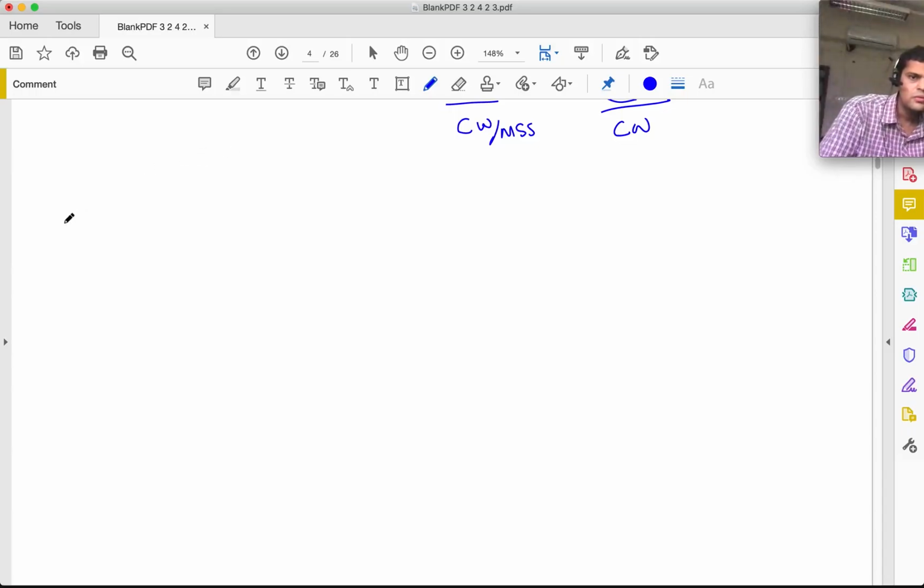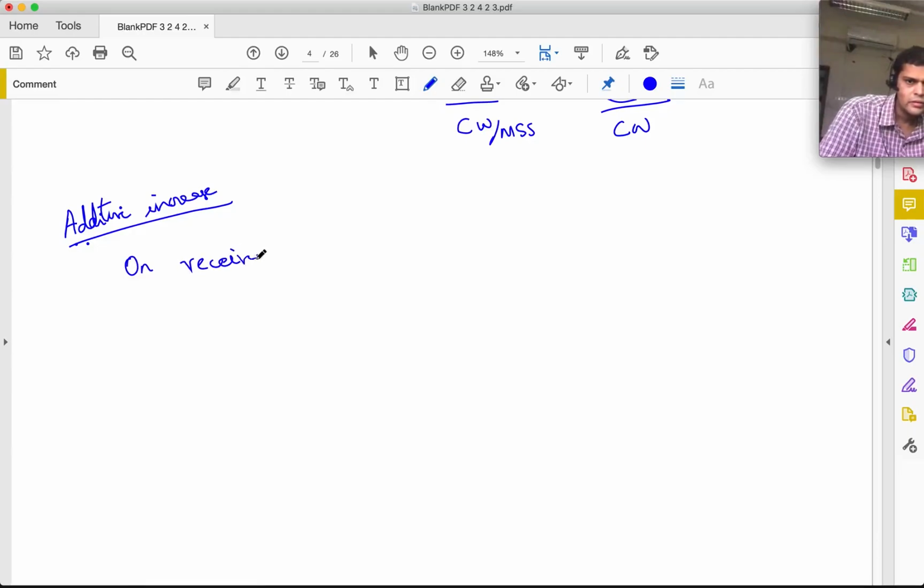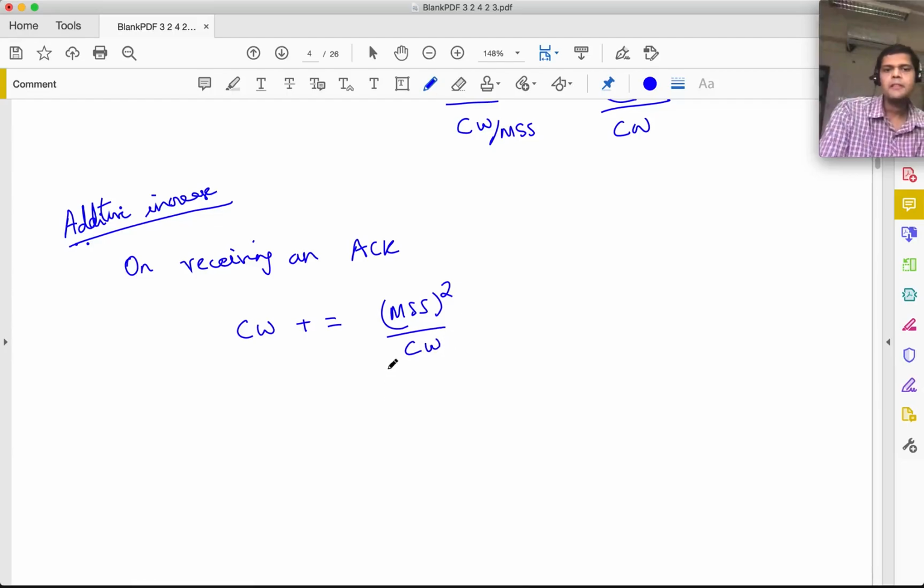Okay, so what is the additive increase rule? On receiving an ACK, the congestion window is increased by MSS squared divided by the congestion window.